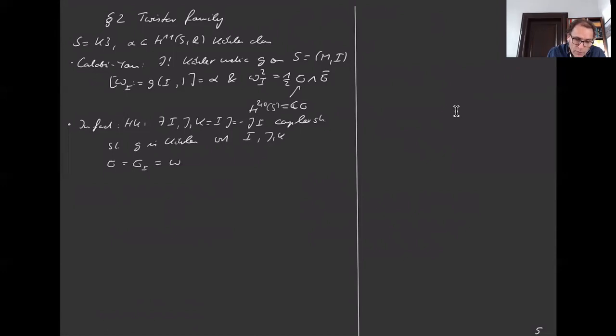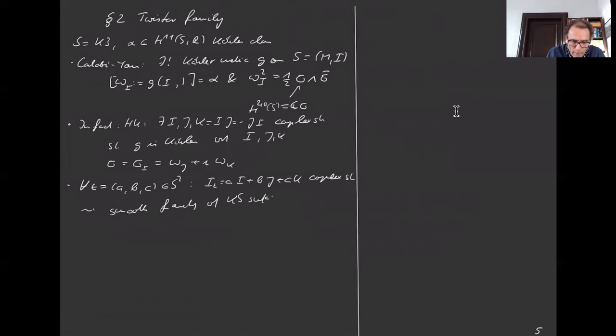We can find the Kähler forms of g with respect to J and K as the real and imaginary parts of the holomorphic two-form with respect to the complex structure I. In fact, for all triples (a, b, c) in the sphere, the linear combination of I, J, and K defines a complex structure, and what I get is a smooth family of K3 surfaces S over P1, where the P1 here I identify with S2.